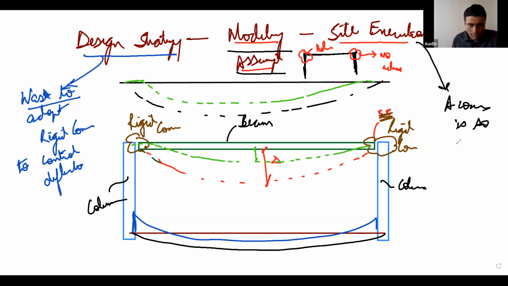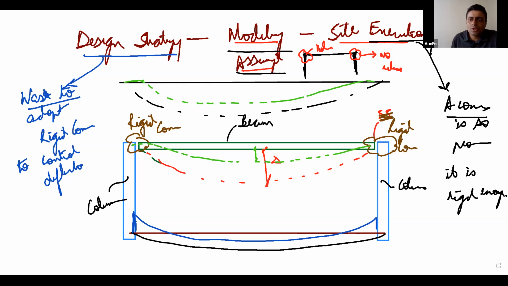is so provided, a connection is so provided that it is rigid enough and it is able to take the analysis end moments and analysis shear forces, and it is to be provided on site in the site execution, in the site detailing.